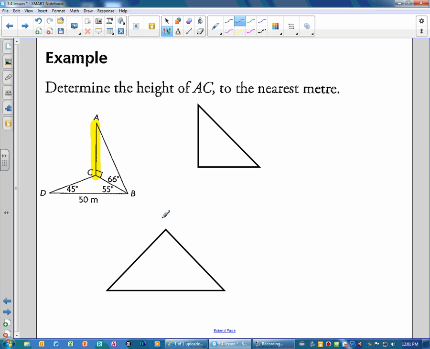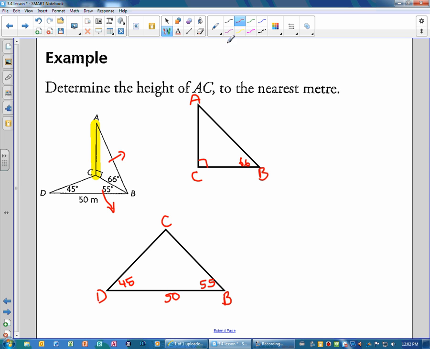So this guy is C, D, B. That's this triangle here. This guy here is A, C, B. We know that this is 66. We know this is a right angle. We know this is 55. DB is 50. And this is 45.